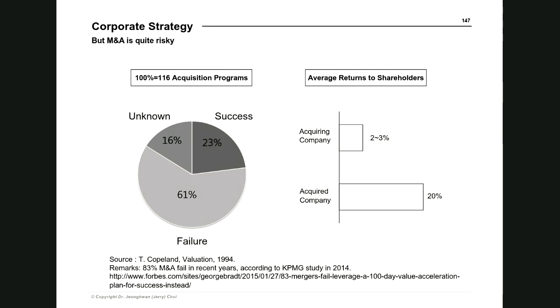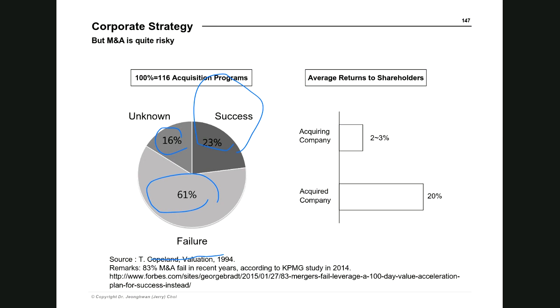Why do we fail in M&A? For example, this is somewhat old, but according to Copeland and valuation, more than 61% of M&A is a total failure, and for 16% we don't know, and only 20% can be reported as a successful M&A.